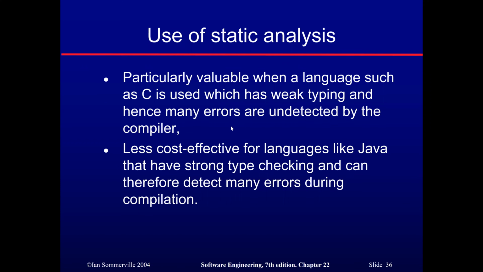They're valuable to use for inspections or verification. The second remark is that they are less cost effective for languages like Java, because Java is strong in type checking and can therefore detect many errors during compilation.